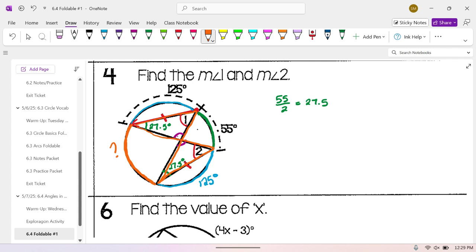Right. So you take 360, because that's how many degrees are in a circle, and you subtract whatever 125 plus 125 plus 55 is. All right, so go ahead and do that. Tell me what you get.